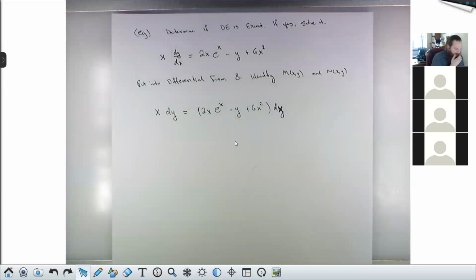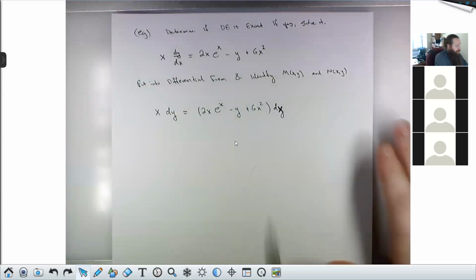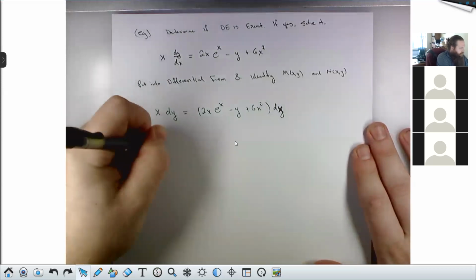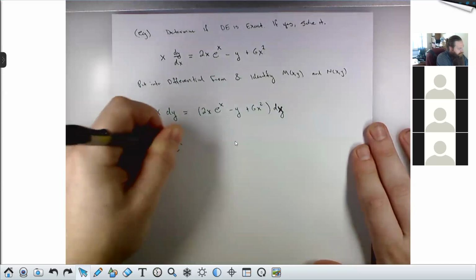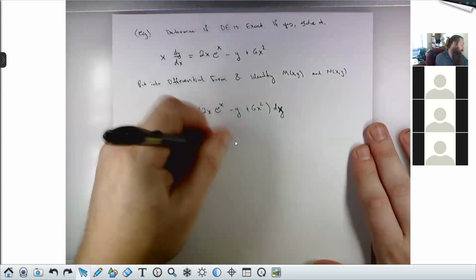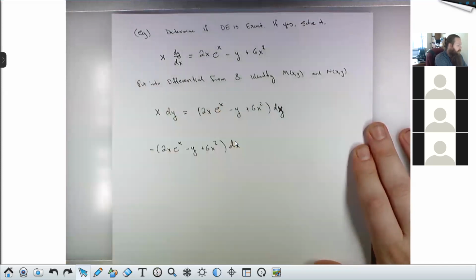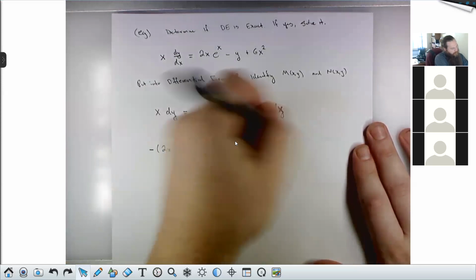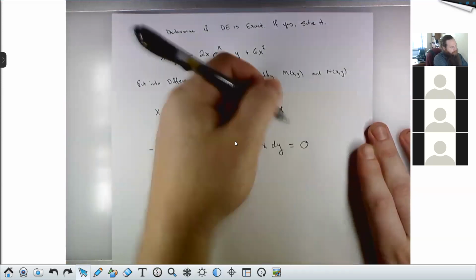So I'll pull everything over to this side. That's going to give me negative 2x e to the x minus y plus 6x squared dx plus x dy equals 0.